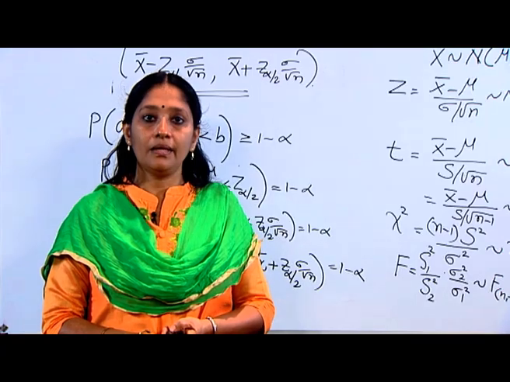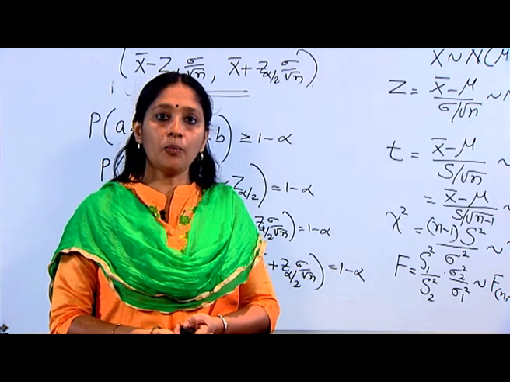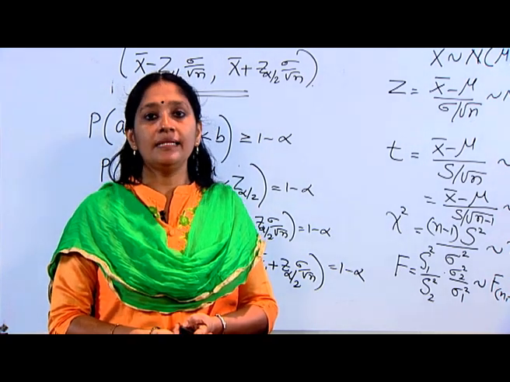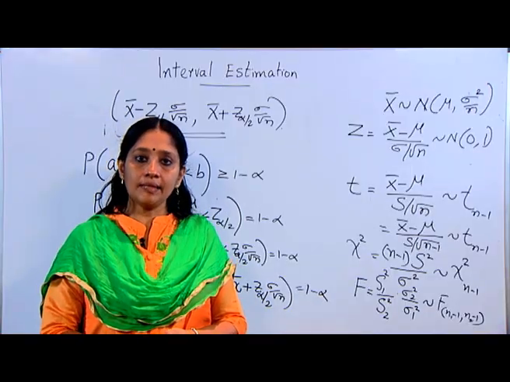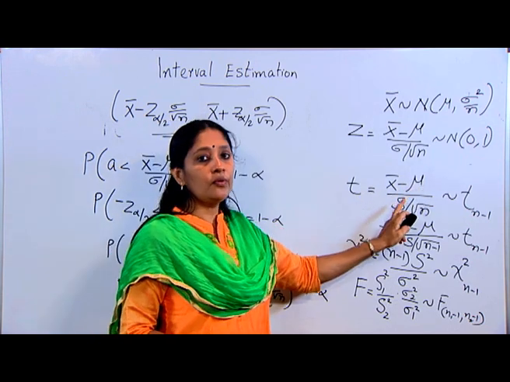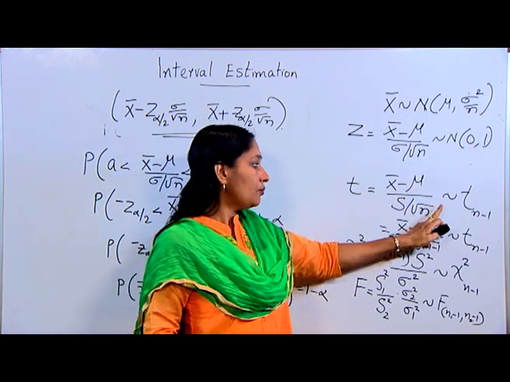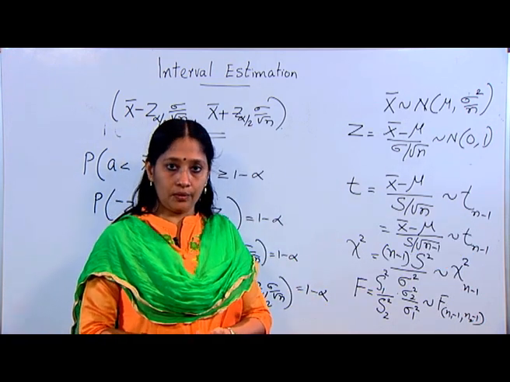Confidence interval for the parameter mu when sigma is unknown and sample size n is small. Now, we consider construction of the confidence interval for the population mean mu when sigma is unknown. We have the statistic T(X) equal to (X bar minus mu) by (S by root n) following a t distribution with n minus 1 degrees of freedom.